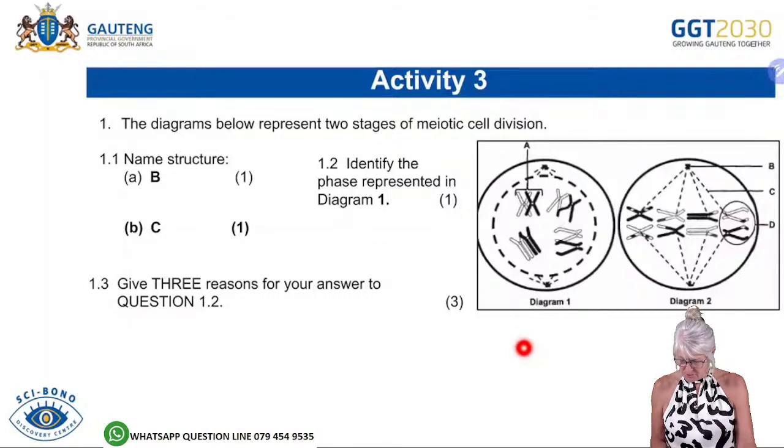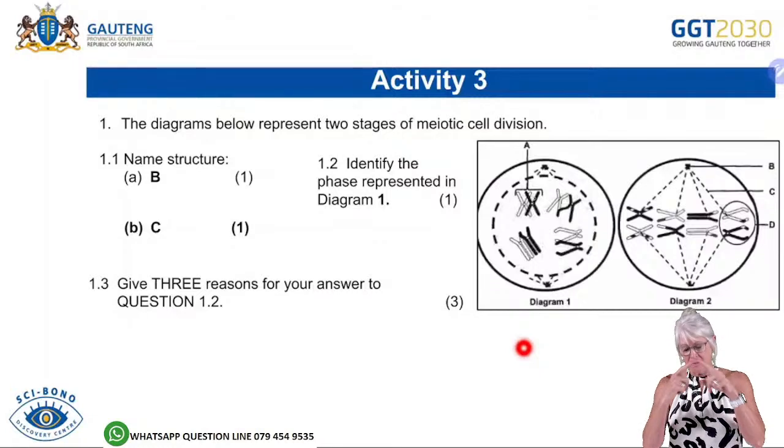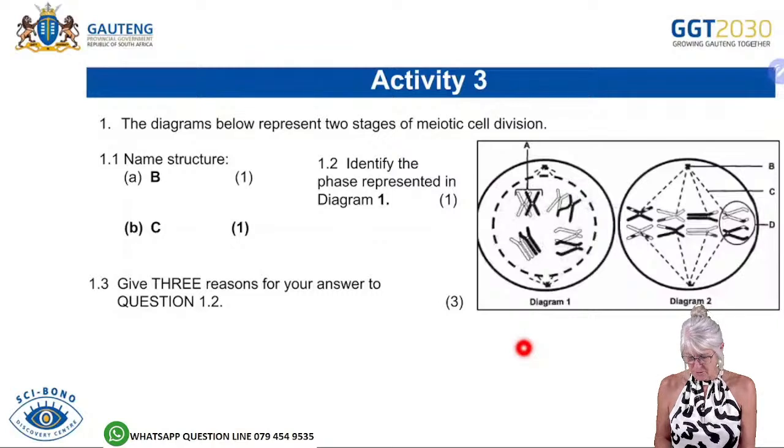If we look at these 2 diagrams here, the first one, diagram 1, shows us 4 pairs of chromosomes, homologous pairs, and it looks like they are crossing over. Okay, so we can see the cross. So we see that crossing over is occurring, so we know as soon as there's crossing over, it must be prophase 1.